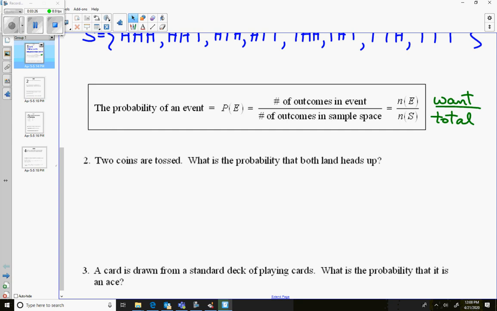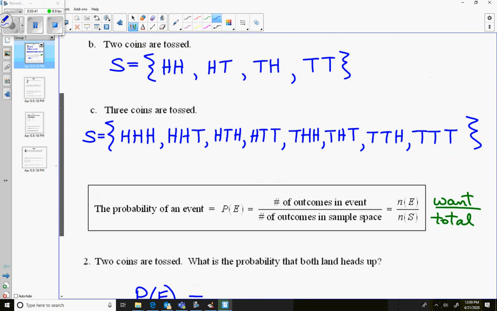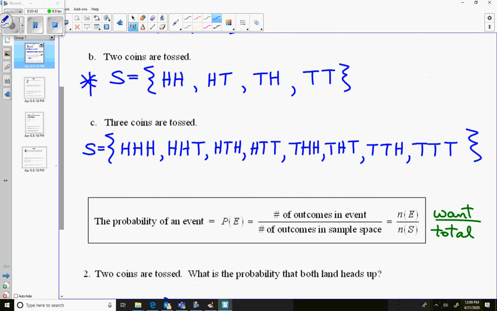So question number 2 here. 2 coins are tossed. What is the probability that both land heads up? So the probability of this event. So how many are there when 2 coins are tossed? Here's what we're looking at. So how many are there where they're both heads? I'll switch colors here.